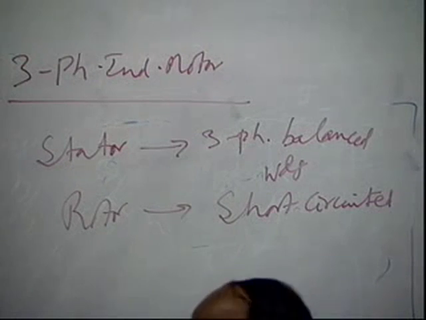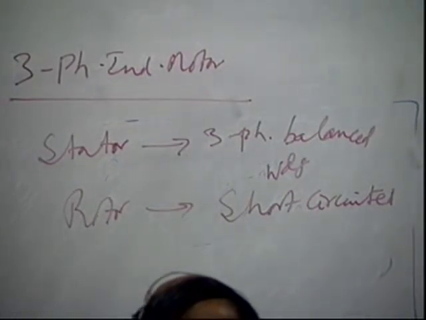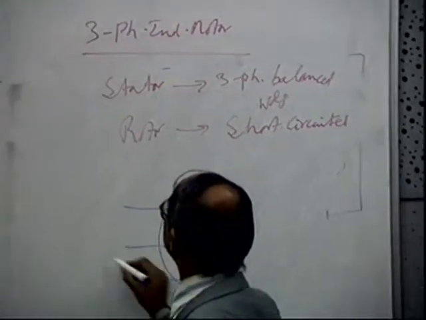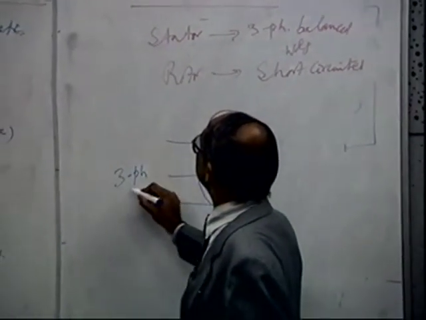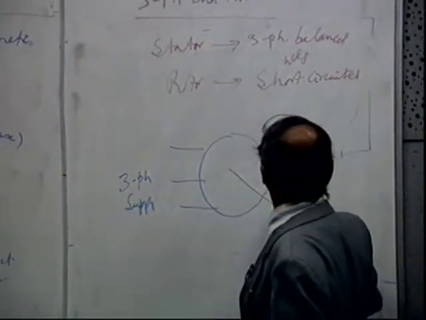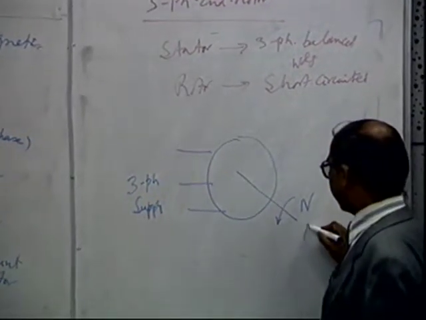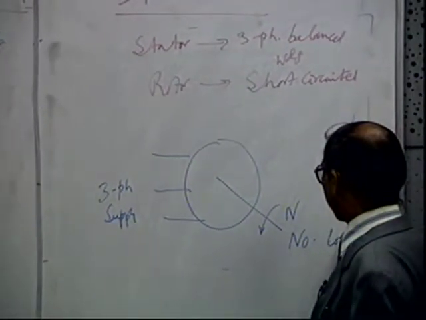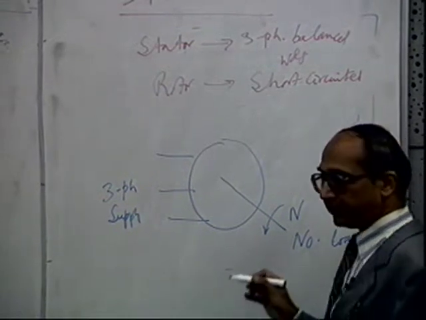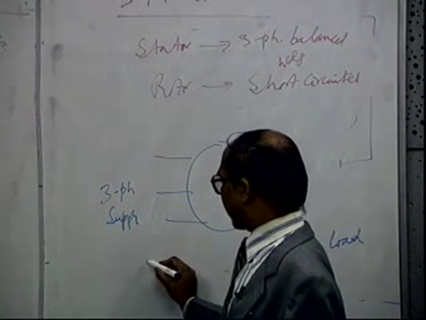You are conducting an experiment in this case by applying a three-phase supply to this motor. Then you normally measure the speed, and in this case you are doing mostly a no load experiment. You conduct two tests.